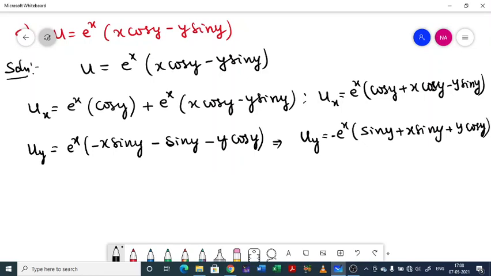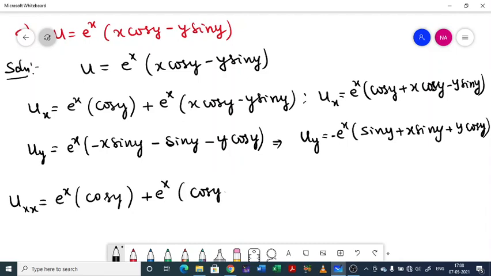Now let us find second derivatives, u double x. This actually should have been found earlier. Let us do it now. So e power x into cos y, we are differentiating with respect to x, right? So e power x into the derivative of cos y will be 0, the derivative of x cos y, that is cos y only. Plus e power x into the derivative of e power x, I have written here. So e power x is the same.